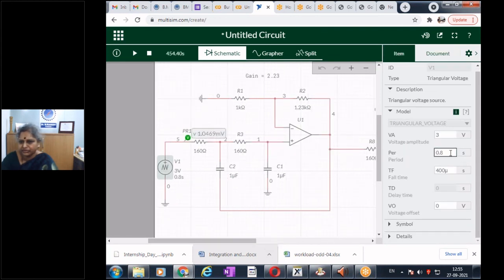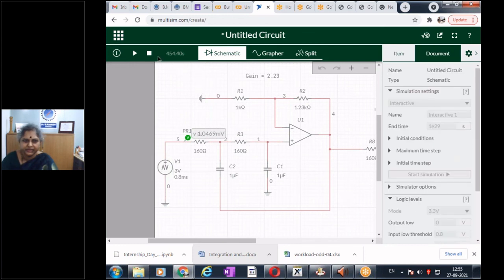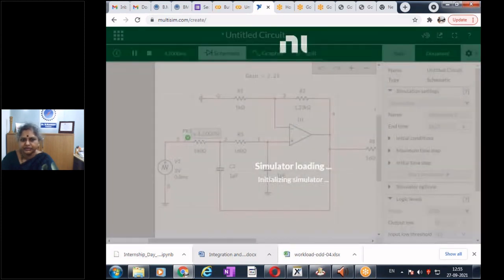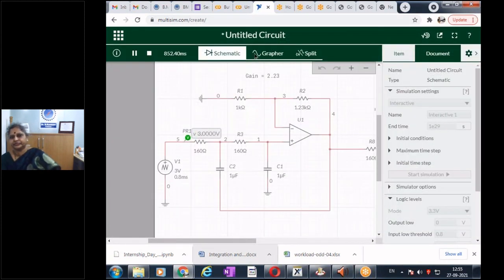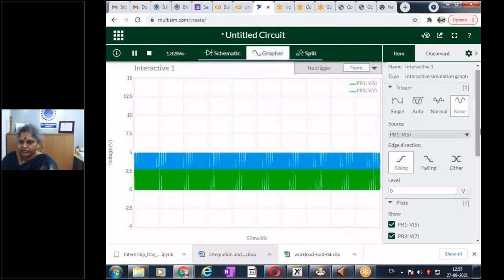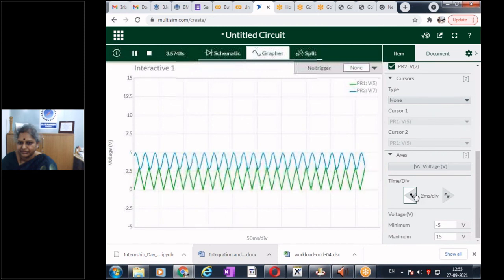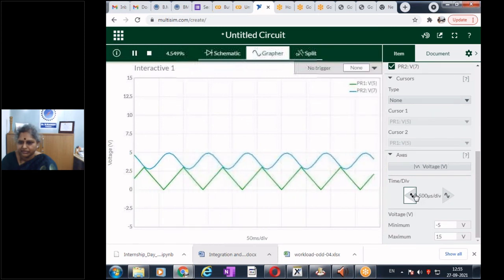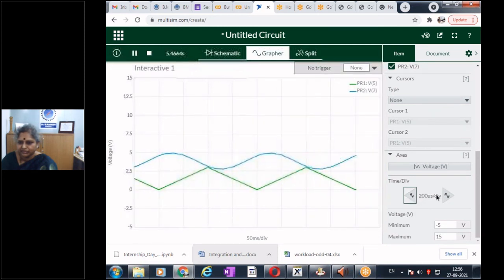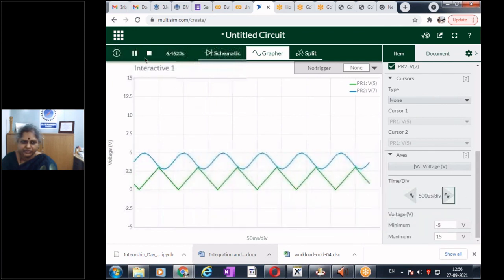What was it? One, not 0.8. 0.8 milliseconds. Yes, milliseconds. Let's run and let us see the result. How is the result?